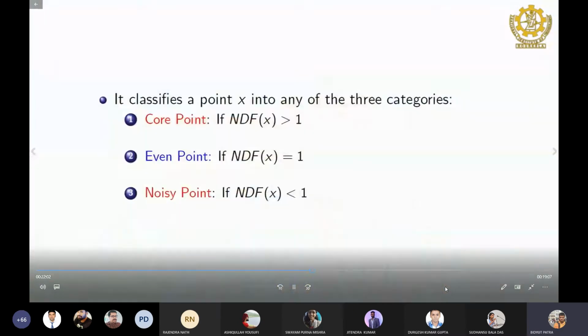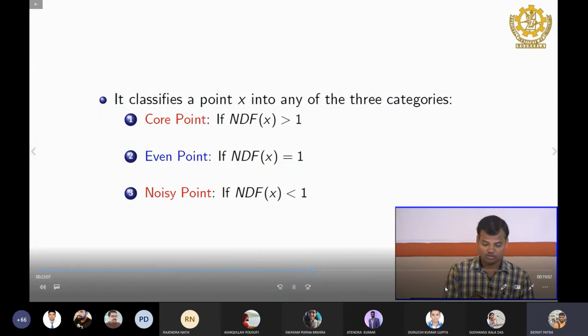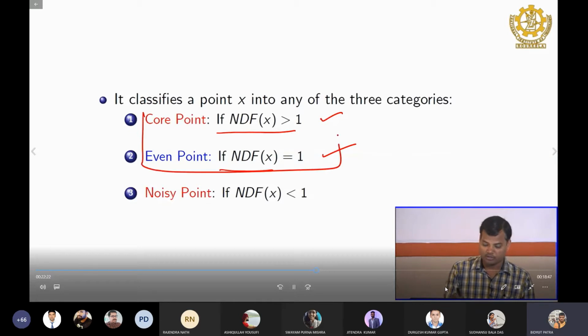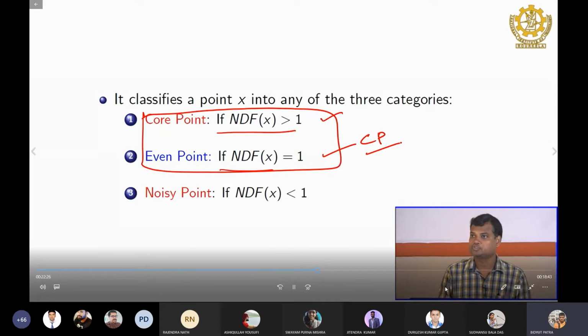So we will define three categories of points. If the NDF value is greater than 1, that point is a core point, and if the NDF value is exactly 1, then we say it is an even point. Or in other words, these 2 point categories are called cluster points, because both points have almost the same importance.